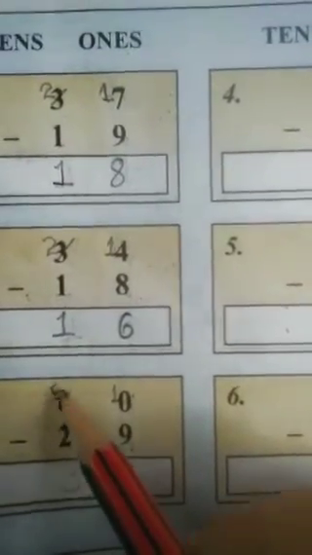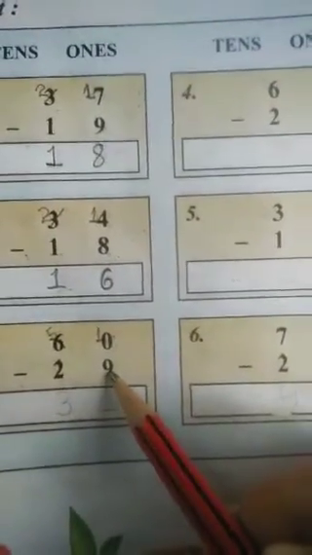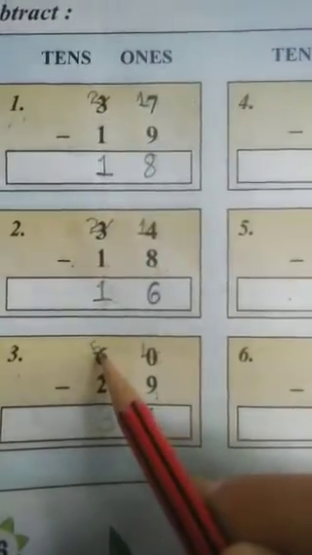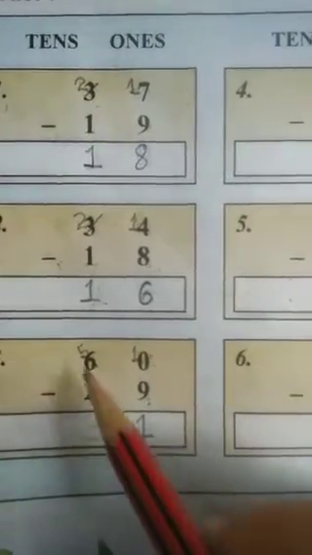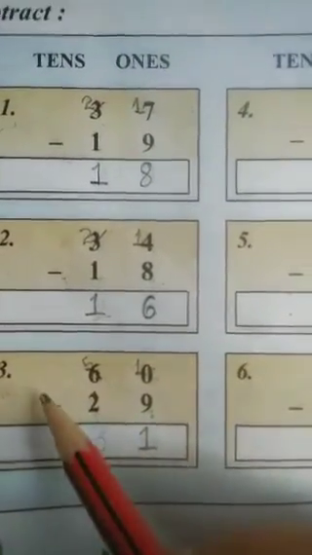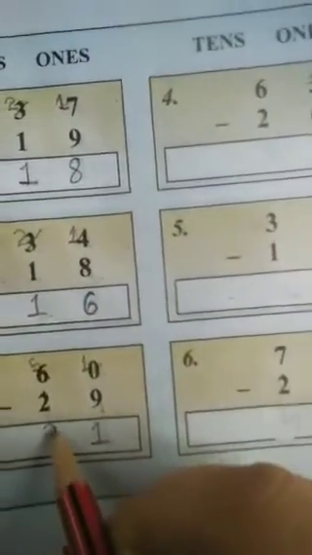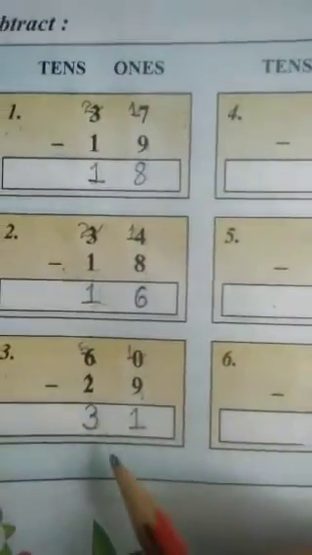We cut this 6 and write 5. Now 10 minus 9 equals 1. So we write here 1. Now in the tens place we have 5 minus 2. Out of 5, if we take away 2, we will be left with 3. So we write here 3.